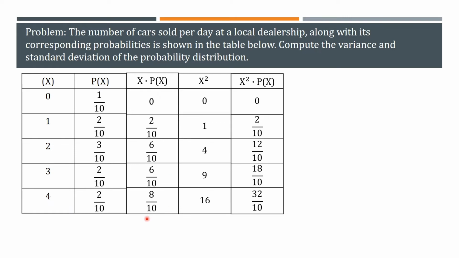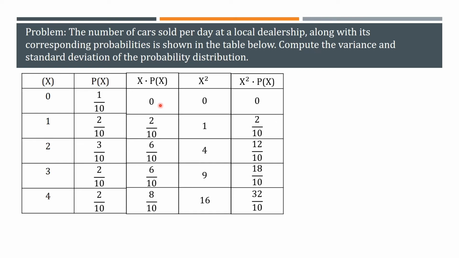So, from here, we need first to find our mean. Where can we get the mean? From our third column. The values from our third column, we need to add. Since they have a common denominator of 10, we only need to add the numerators. Since 0 won't contribute, we don't include it.